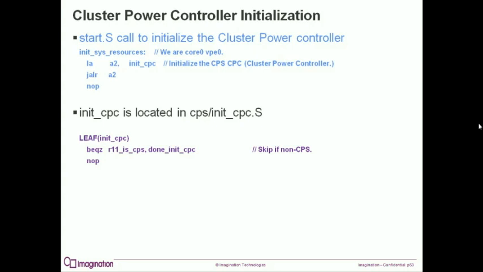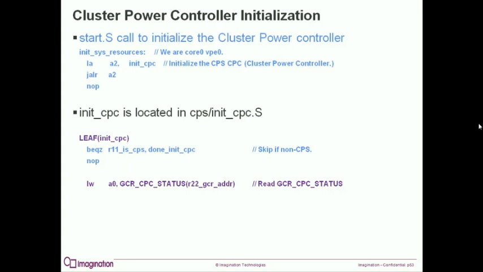It does this by checking the cluster power controller status register. This register is located within the global configuration registers at offset F0 hex. The code uses the previously stored address of the GCR base and the defined GCR CPC status as an offset to read the cluster power controller status register into A0.